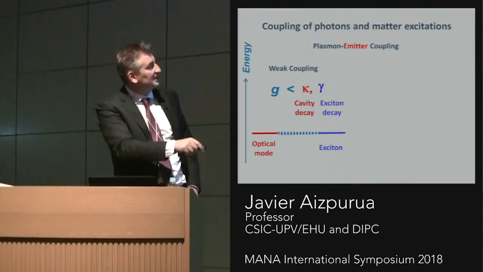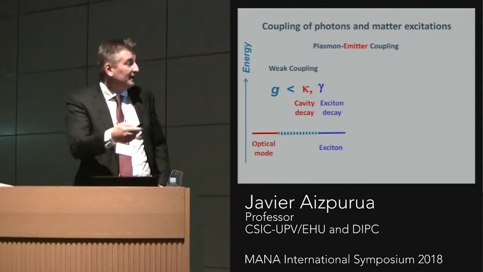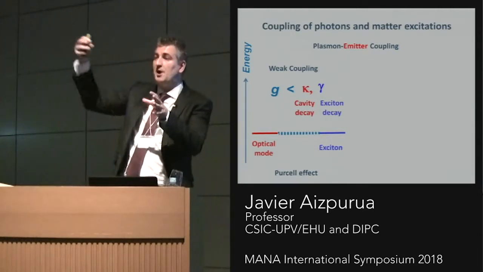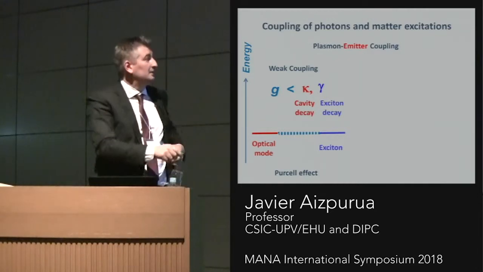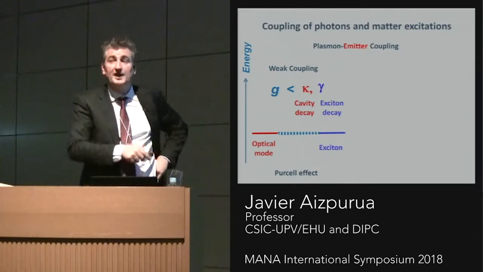In the energy landscape, the optical mode and the exciton mode will not interact strongly, they will just interfere. And in the dynamics, in time domain, this is the so-called Purcell effect. So the emission of the molecule will be enhanced, or the rate will be enhanced because of the decay into these optical modes. But there is no change of the energy.